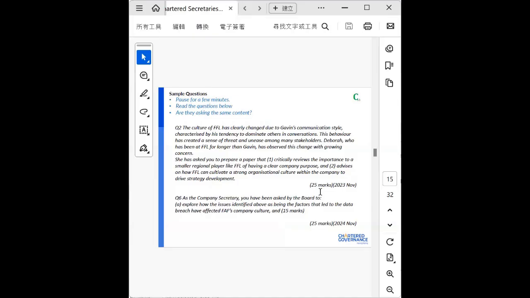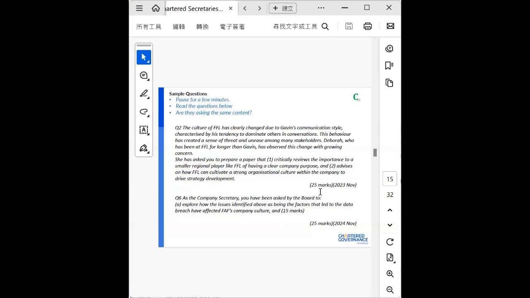So question 2 in here, they ask you about the culture. So there's a culture, the first part of the syllabus. There's a question on culture. So look at the importance of culture.